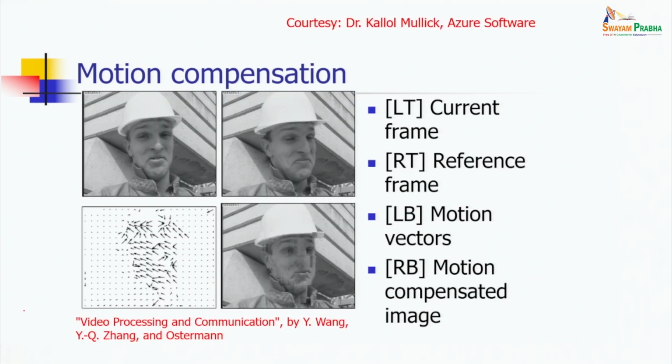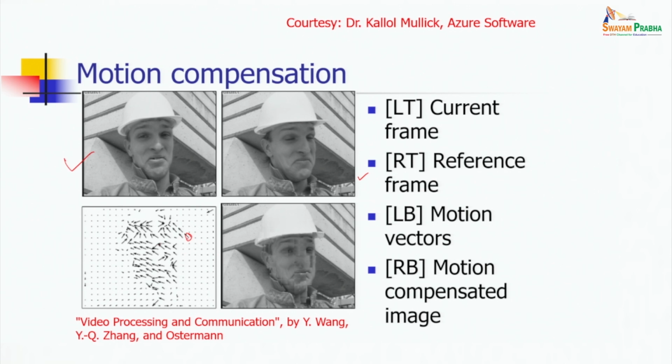So one typical example is shown here. Here the leftmost topmost is the current frame, and the rightmost topmost is the reference frame. So that is the block, and you can see that reference frame. So these are the frames, and you can see at each location you can find out what the motions are. If I consider each location as showing a block location, because it is a subsampled location, it gives you the motion.